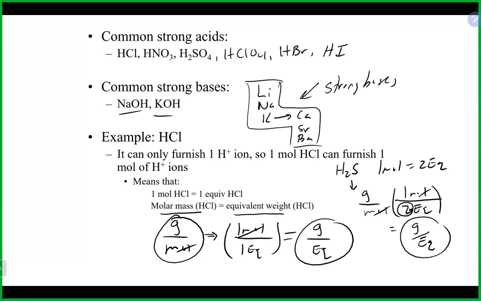So it actually goes down by half. So if it's monoprotic or has one equivalent, the molar mass and equivalent weight will be the same number. But if it is not a one-to-one relationship, the equivalent weight and the molar mass will be different. This will be about half the molar mass. Any questions on that? You could also see that is obviously our conversion factor to go between the moles and the equivalents.